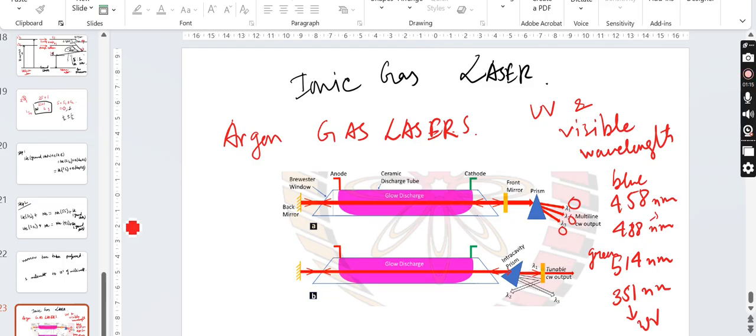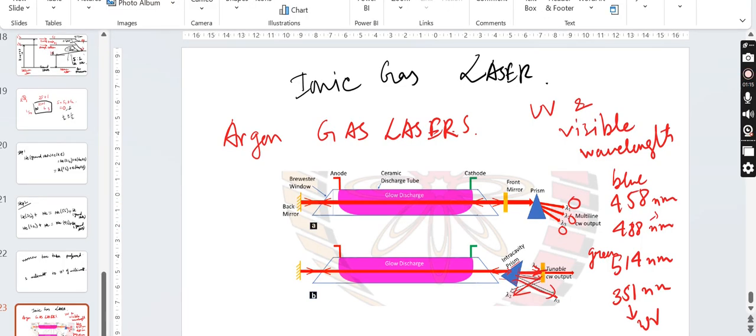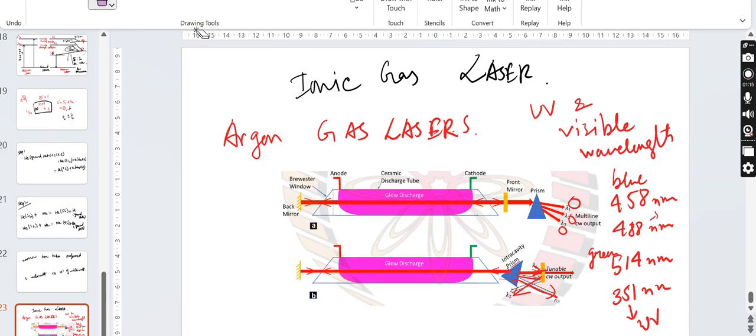After being dispersed by this prism, only lambda 1 falls on the mirror normally, lambda 2 at an oblique angle so that it goes out, and lambda 3 doesn't fall on the mirror at all. It goes out of the cavity. So basically it's up to your choice what you want to do.